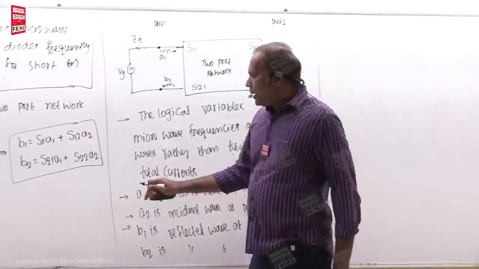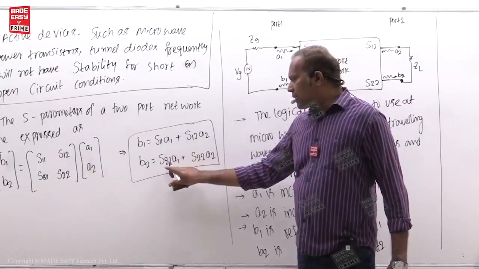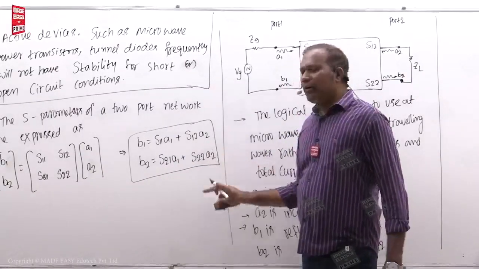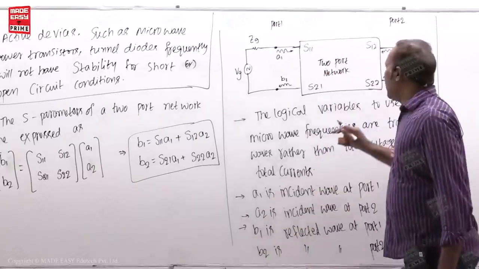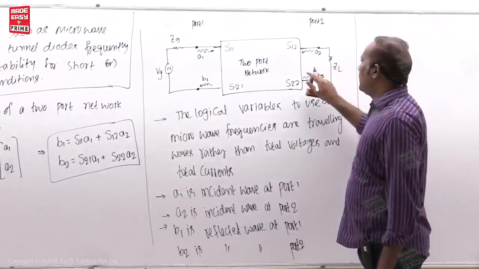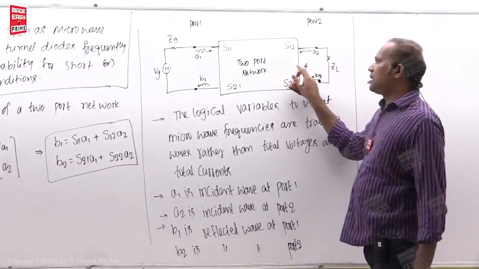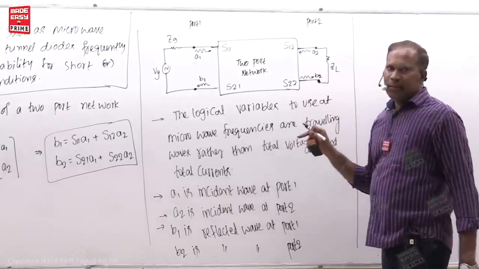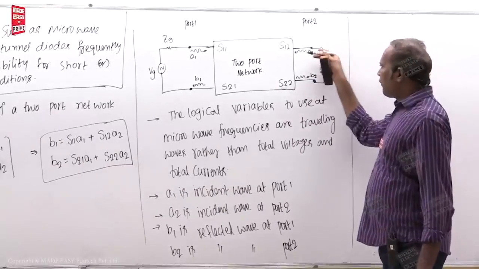For example, student, if you want to define S11 and S21, then you have to make A2 zero. What is the meaning of A2 zero? I told you, if there is a matching at port 2, that means let us say the output impedance is Z0, then ZL is equal to Z0, then matching is done, so no reflected signal.